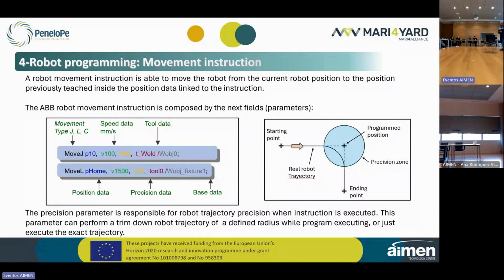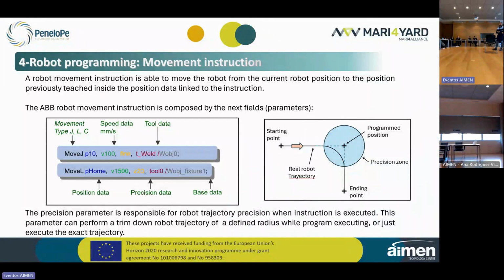And finally, what we need as well is, when we tell the robot to go from this point to the other one with these coordinates X, Y, and Z, we need to know which reference the robot has to take.